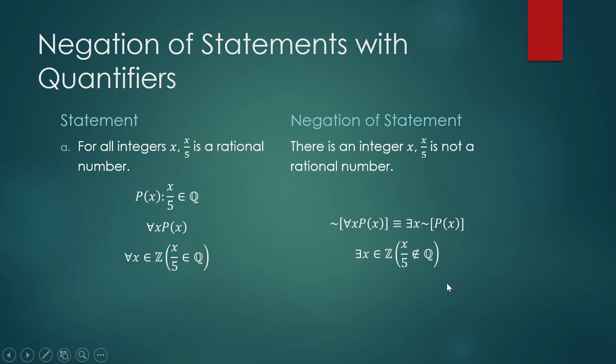If we were to write that in math sentence, this one is our original statement, the statement with a universal quantifier. Its negation now is there is an integer x where x over 5 is not a rational number.